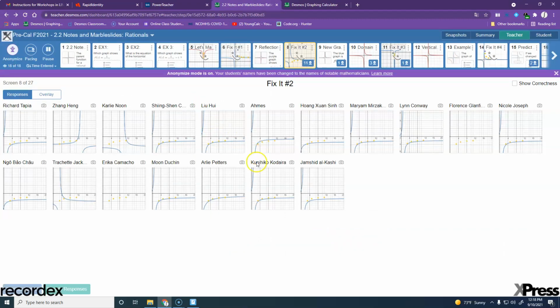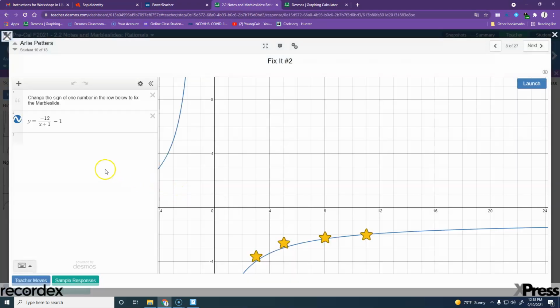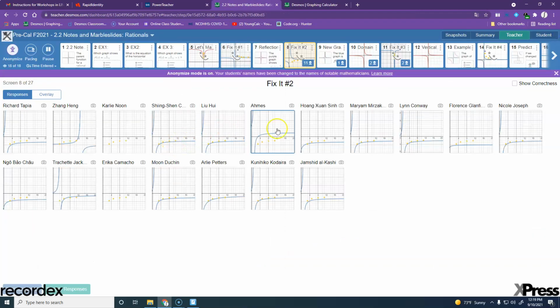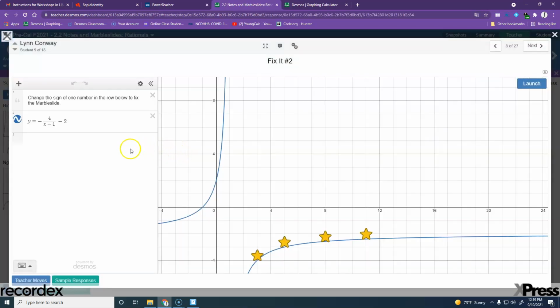So like this person has the negative in the top and put a 12, which stretched it out, which works. Let's see. This person just put the negative out front. I think this is how it was to begin with.